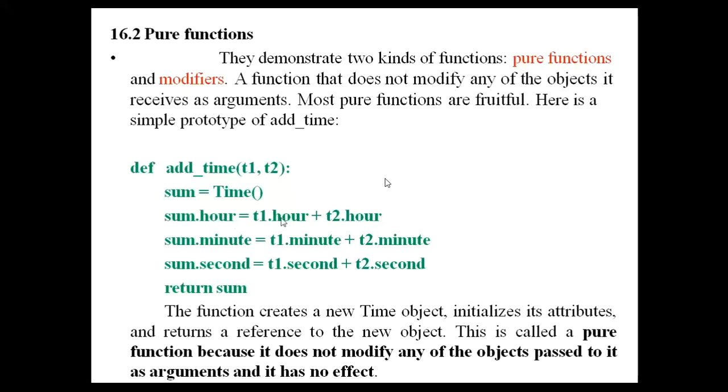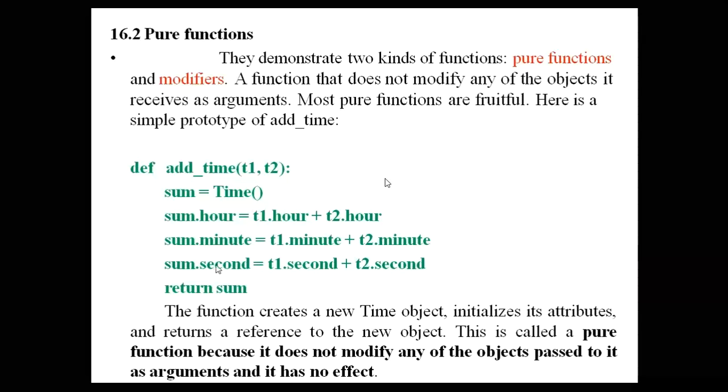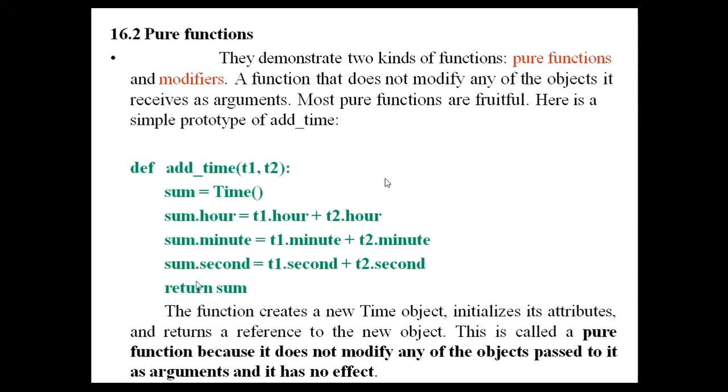After that, it will retrieve the attributes of the first object, t1, and of the second object, t2. It will retrieve the attributes of both objects, and those two values will be added and saved in the attribute of sum. Similarly for minute as well as second, the corresponding values will be retrieved, and those will be saved in sum.minute and sum.second. Finally it will return the sum object as a value.